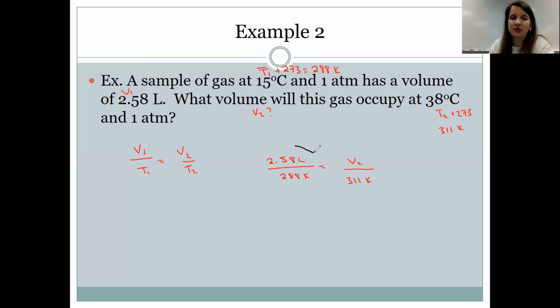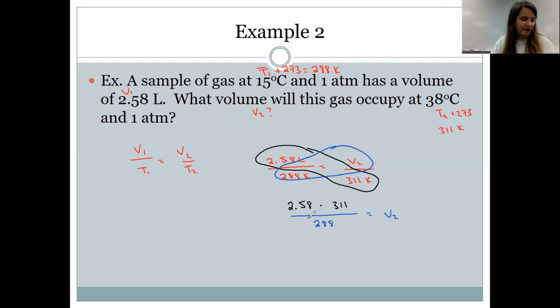You multiply the diagonal that doesn't have your unknown. So you have 2.58 times 311. Then you divide by the diagonal that has the variable, so divided by 288 is going to equal your V2.